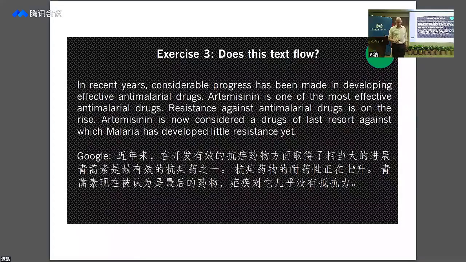Okay. So we have established that it's really awkward. It's really not connected. So can you please tell me why you think that is? Why do you feel that there's no good logical flow?